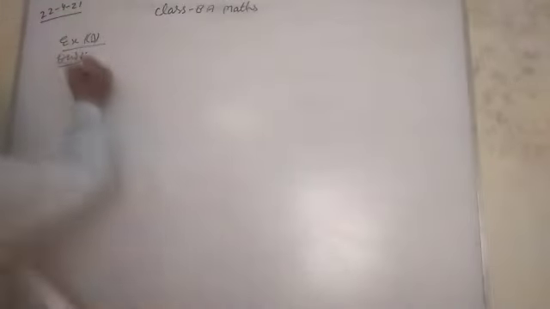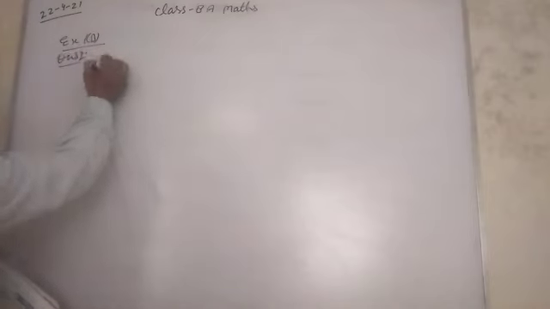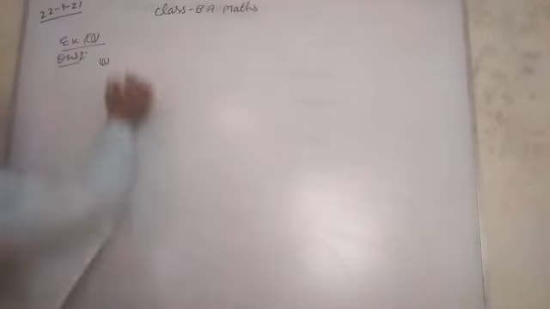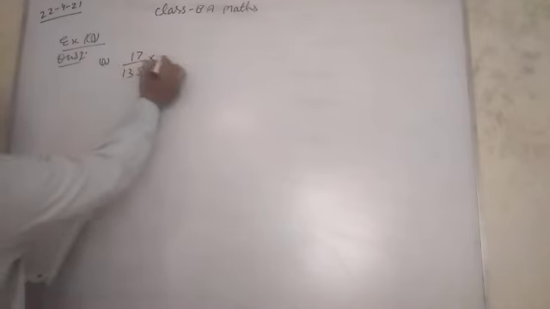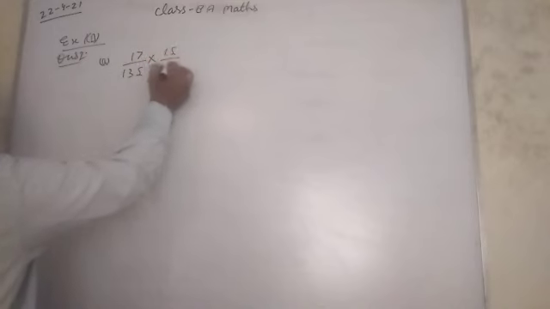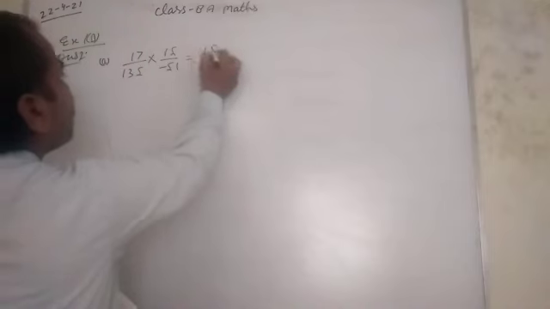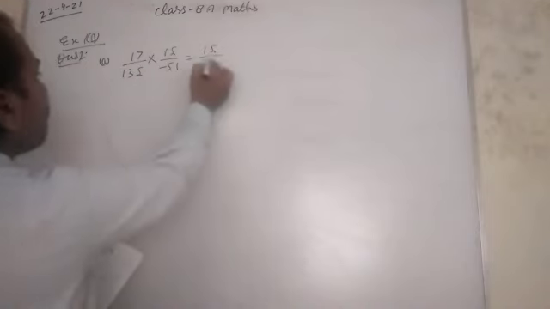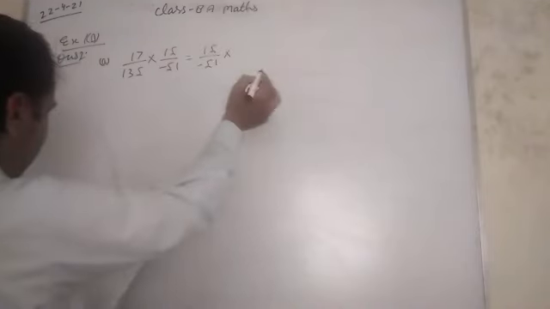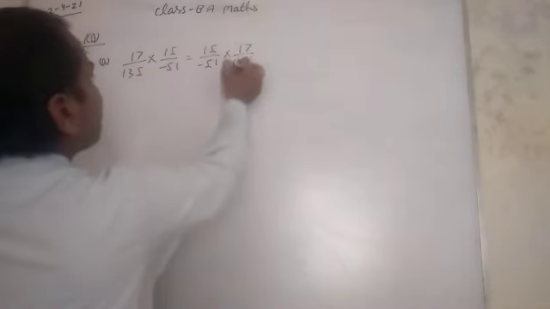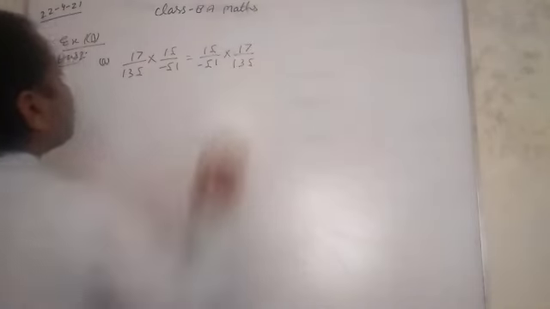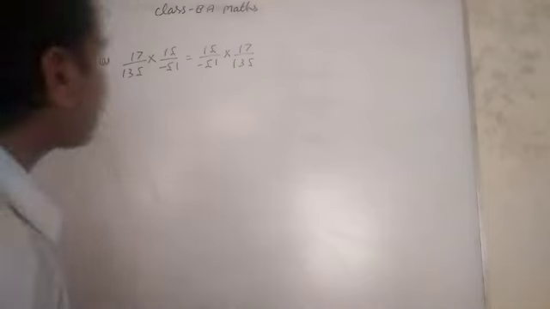So question number 2, part A: 17 upon 135 into 15 upon minus 51 is equal to 15 upon minus 51 into 17 upon 135. So which property? Commutative property.